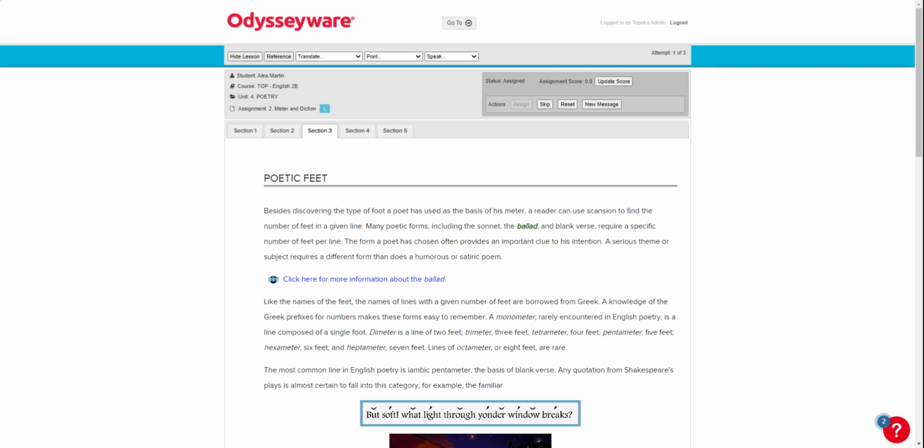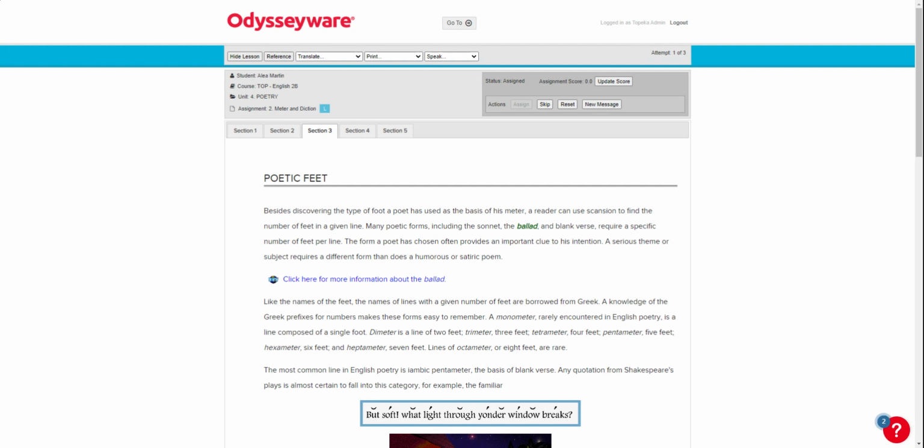Some poems have a certain number of feet per line. So once you've determined what kind of foot it is, whether that's iambic or trochaic or anapestic or dactylic, you will next want to look at how many of those feet are in each line of the poem.